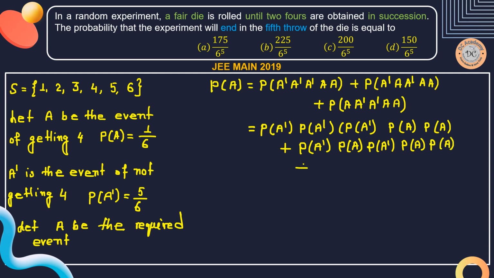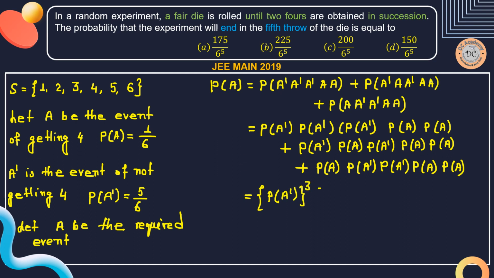And the third case, first probability of A, then probability of A complement, then again probability of A complement, then probability of A and probability of A. That's it. So for the first case, probability of A complement is repeated 3 times and probability of A repeated 2 times.